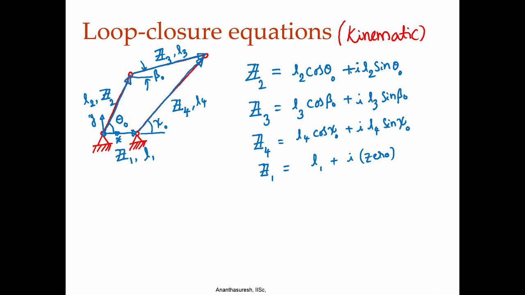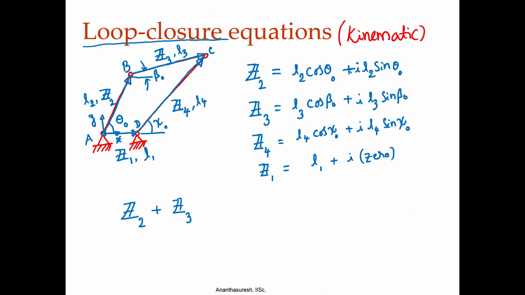So, now I can write what we call loop closure equation, that we can see. Let us say I start with Z2, I am going from, let me indicate them as A, B, C and D. I move from A to B, that is Z2, plus I move from B to C, that is Z3, and then I move from C to D. The D to C is Z4.